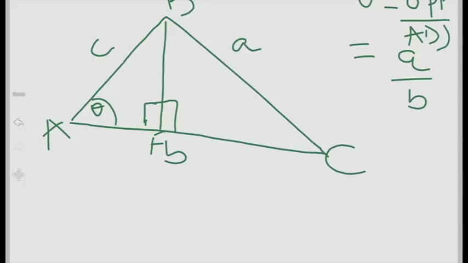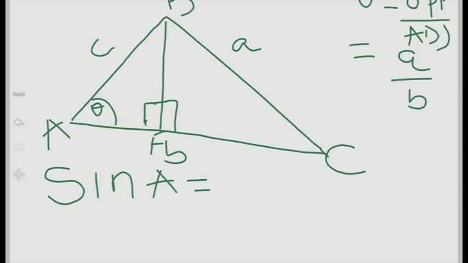But given the angles, we know angle A, and we know the side AB, which is side C. So we want to use the sine formula now. The sine of angle A is equal to opposite over hypotenuse.